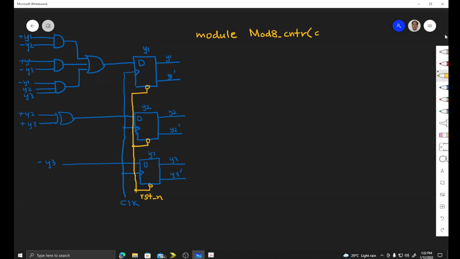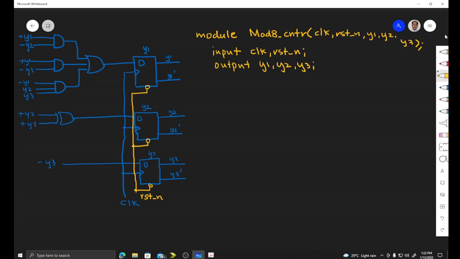So our inputs are clock, reset, N. First we have our Y1, Y2, and Y3. So let us define our input again: we have our clock, reset, N, and for the output we have Y1, Y2, Y3.